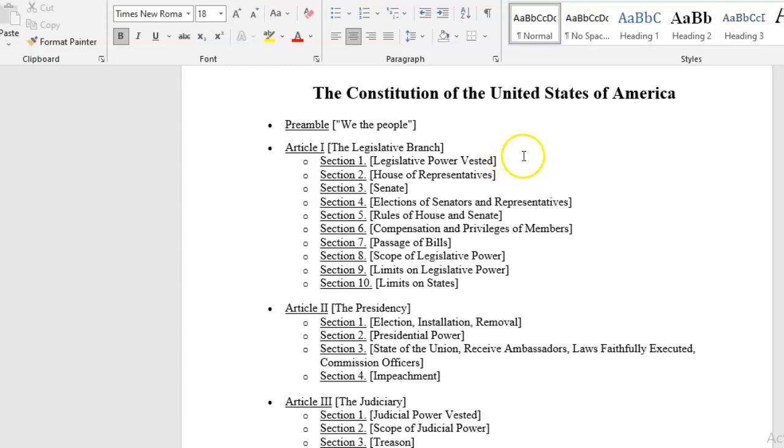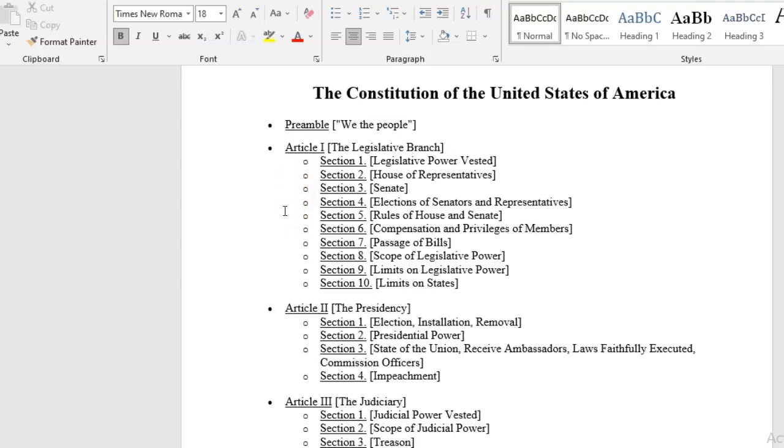So first we have Article 1, and that is your legislative branch. It has 10 sections, and on this paper, if you want to take a screenshot or something, I give you a little blurb about what each one of these pertains to in the legislative branch. We have where the power is vested.